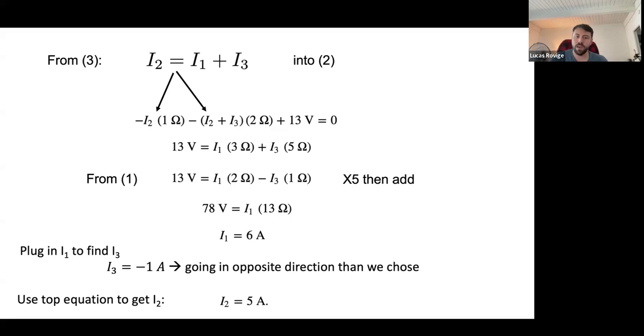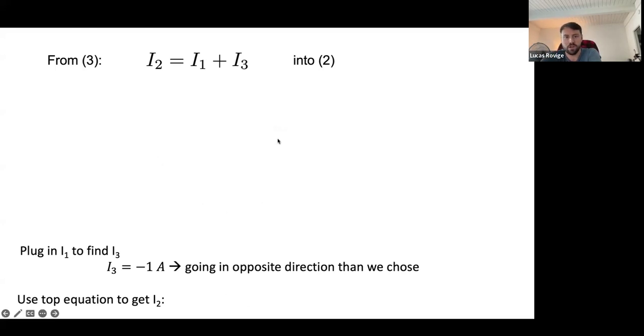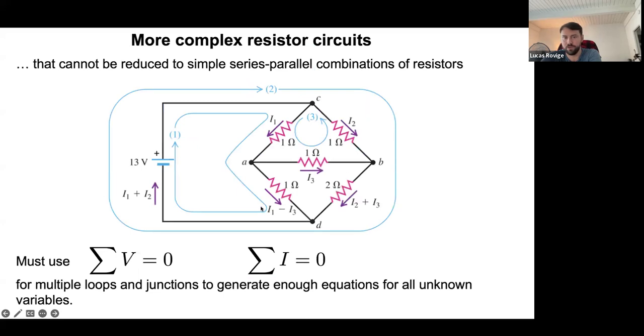And so you need as many loops as you have unknown currents, and you have to be careful about using enough currents, as many as you need, but not too many. Like here, 3 are enough to characterize everything.